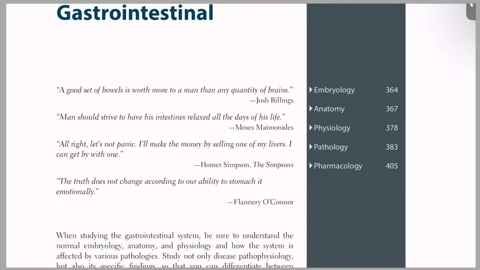A good set of bowels is worth more to man than any quantity of brains. Man should strive to have his intestine relax all the days of his life. Yes.